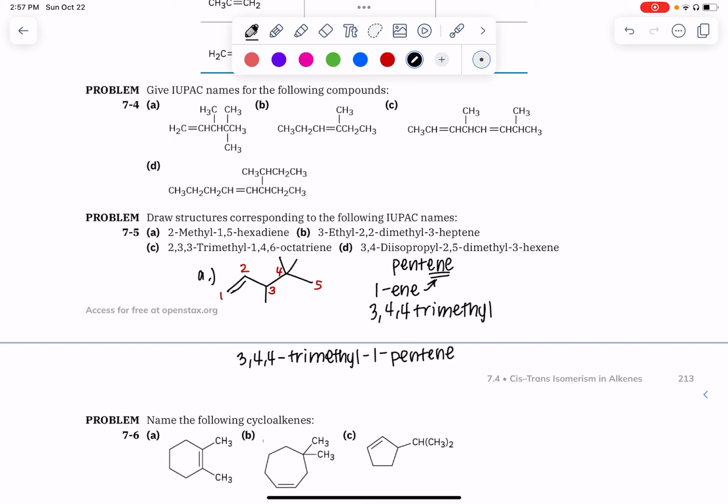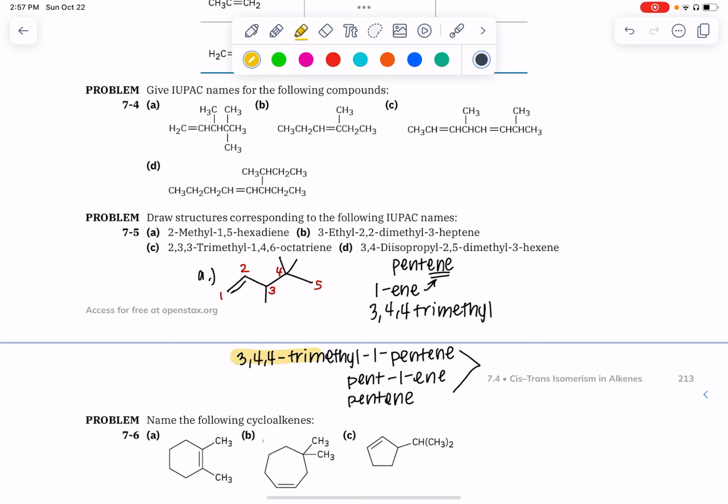We can say this is pent-1-ene. Or we could just say this is pentene, because it's understood if there's no number that it falls on the 1 substituent or the 1 carbon. So these are 3 ways that you can name that ending.